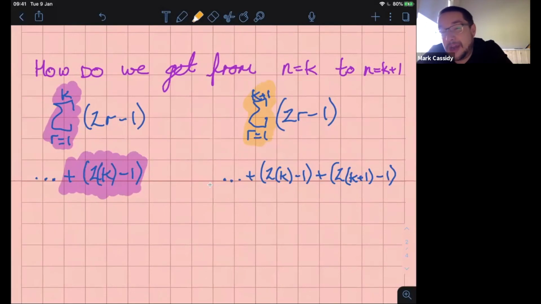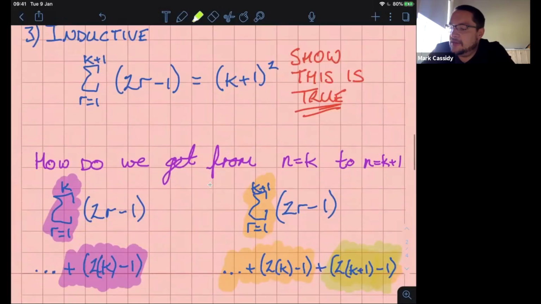Okay, so it ends at a bigger number. So the last two terms of it are going to be 2k minus 1 and 2(k plus 1) minus 1. Does that make sense? Okay. So all we're thinking about is how do we get from the left-hand side to the right-hand side? Well, all we do is we just need to add on that term there.